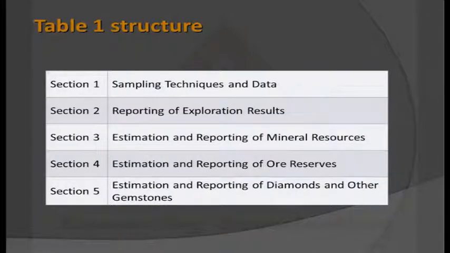If you're reporting exploration results, for example, clearly you need to refer to Table 1, Section 2, but you also need to have commentary on Section 1. Likewise, if you're reporting on mineral resources, you need to report against Sections 1, 2, and 3.